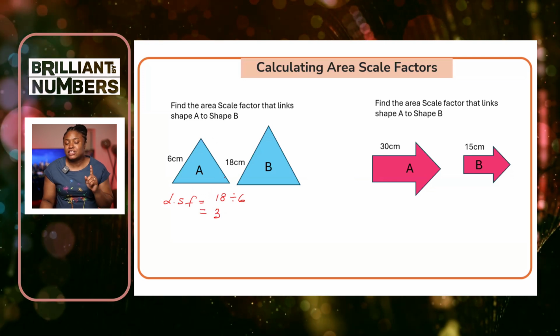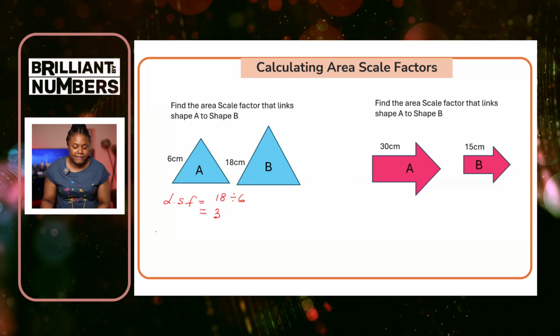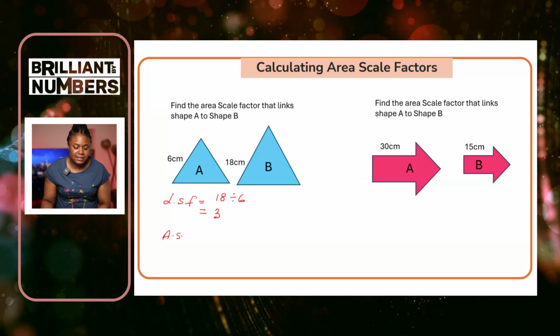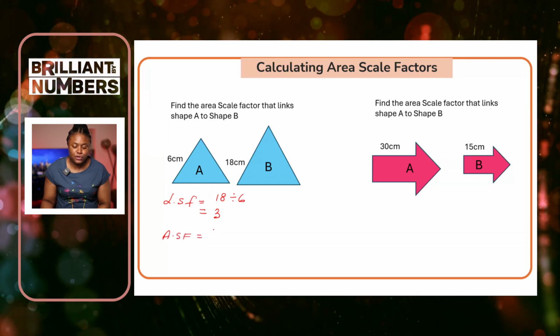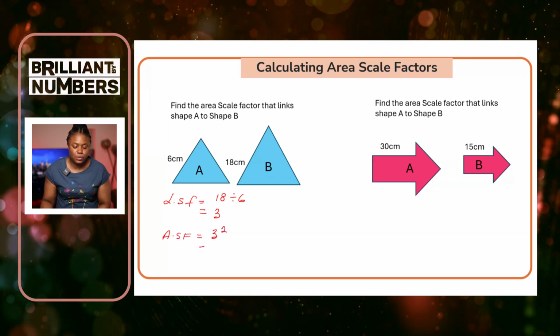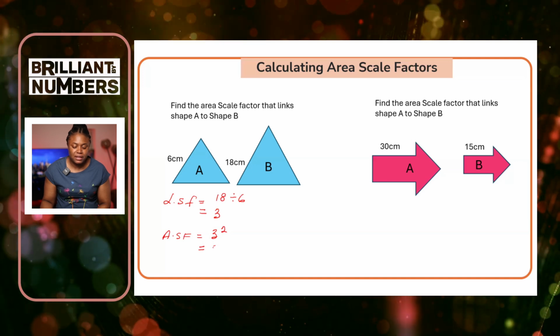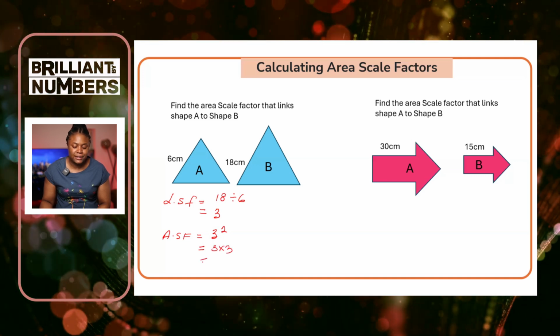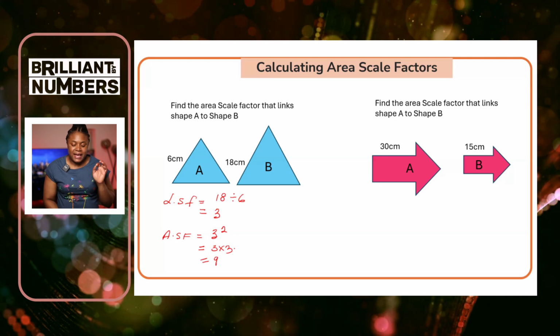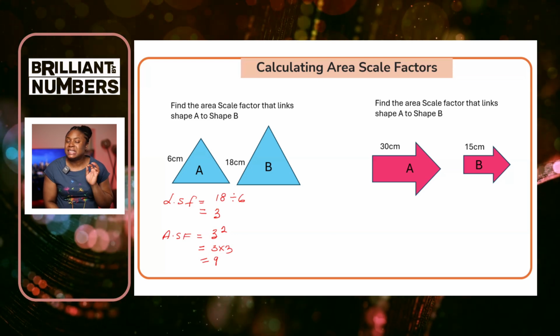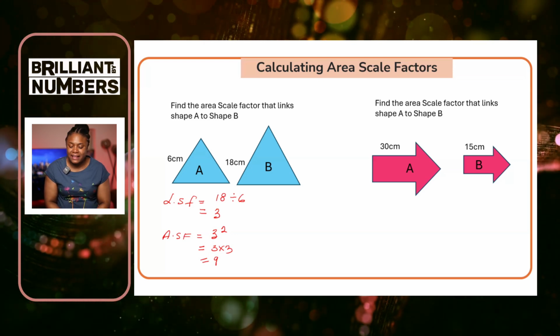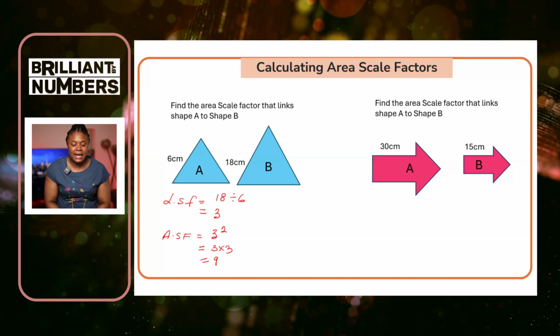So remember, we need to now square this for the area scale factor. So ASF would then be equal to 3 squared, which is equal to 3 times 3 is equal to 9. So therefore, the area of shape B would be 9 times larger than the area of shape A.